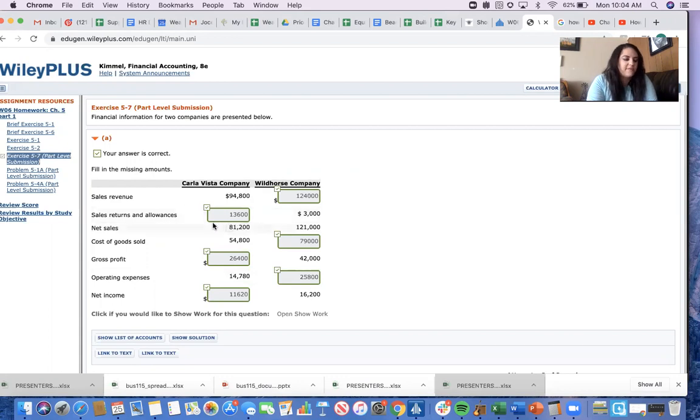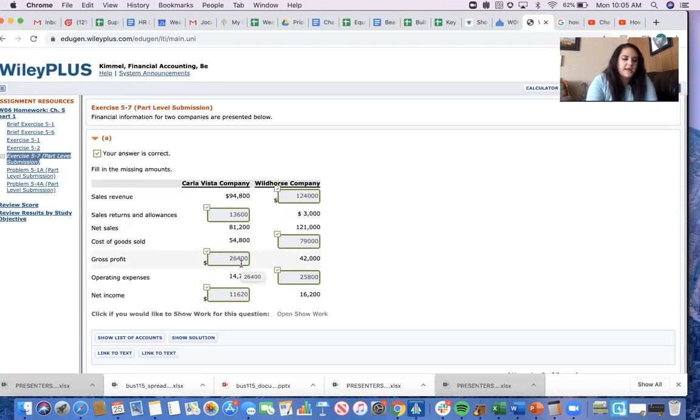Now the gross profit that we're asked to get next for Carla Vista can be easily calculated by taking the net sales, so right here, the $81,200, minus the cost of the goods sold, which is $54,800, and that gets us to $26,400 right here.